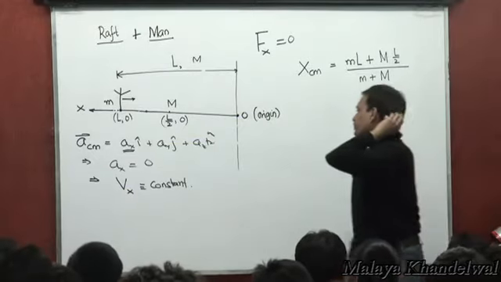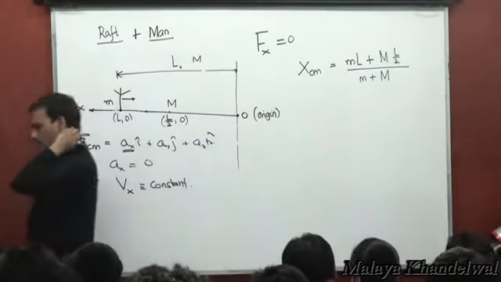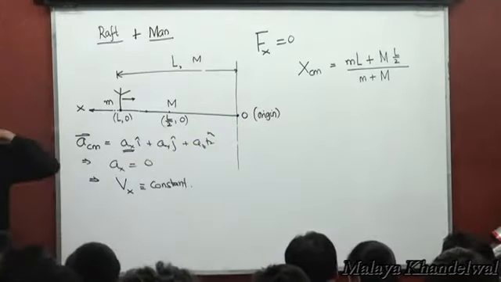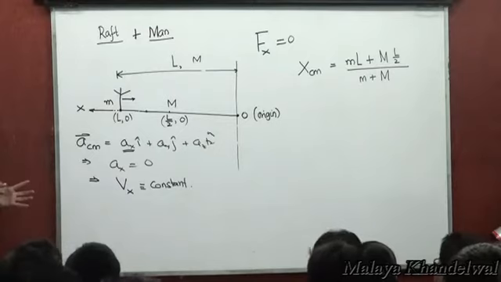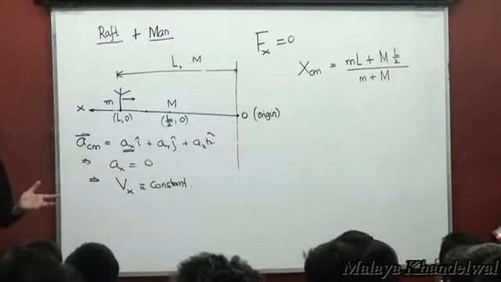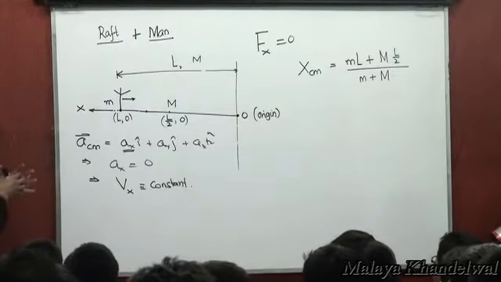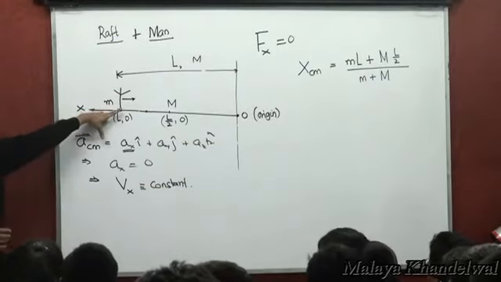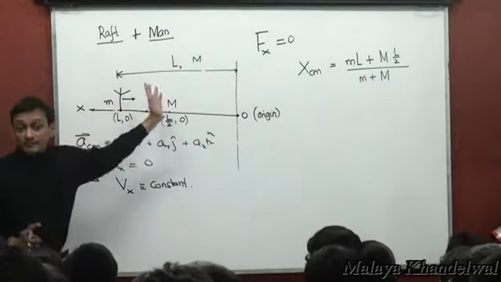But now, initially, the man was at rest on the raft, and the raft was also at rest. That means the velocity of the man was 0 initially, the velocity of the raft was 0 initially.